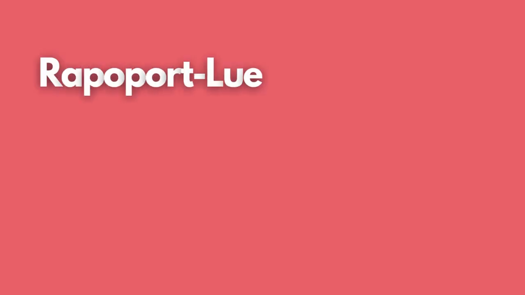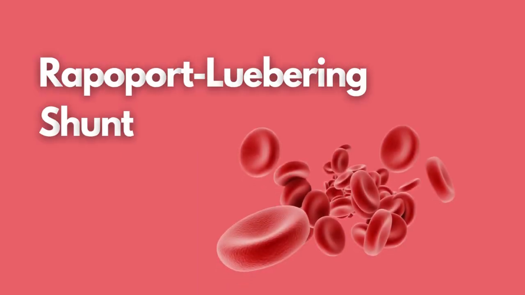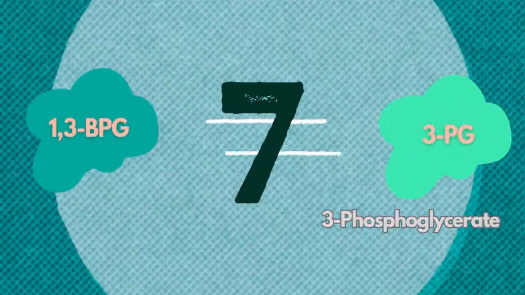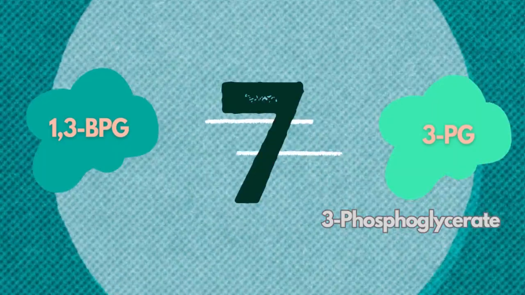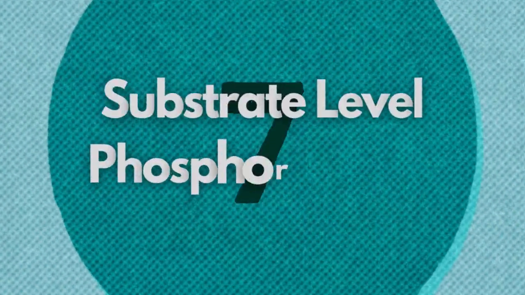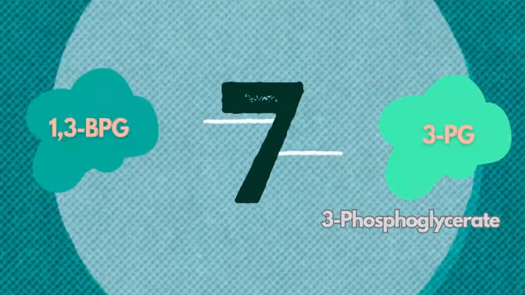One last thing that remains to summarize is the Rappaport-Lewis shunt, known to operate in RBCs. Remember that 7th step in glycolysis, the first substrate level phosphorylation, where 1,3-bisphosphoglycerate's conversion into 3-phosphoglycerate is catalyzed by phosphoglycerate kinase. This is the direct conversion.